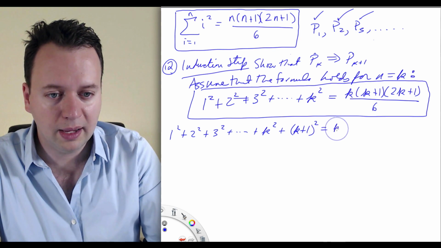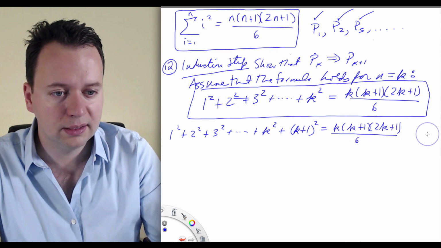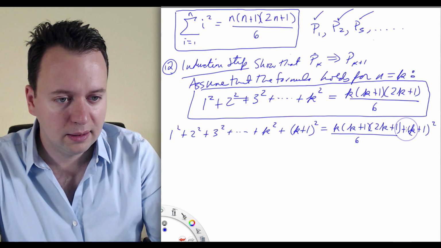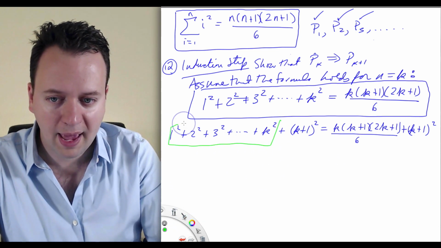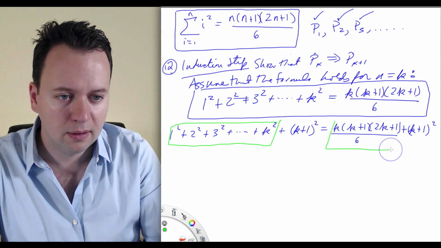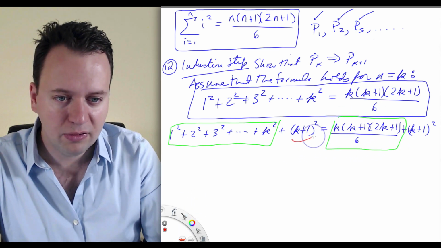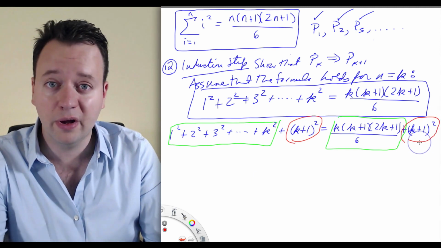So that's going to equal k times k plus 1 times 2k plus 1 all over 6, plus k plus 1 squared. So you see, I have the formula for k here and here, and then I added the same thing to both sides. So if the formula for k is true, this formula must be true.